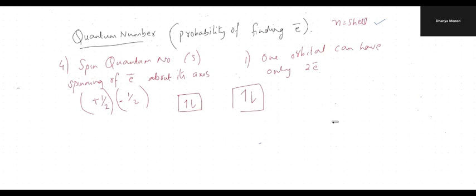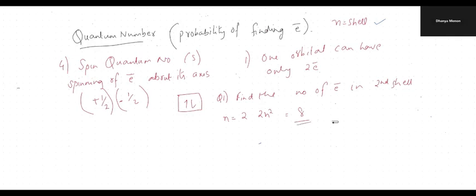For example, if I have a question, find the number of electrons in the second shell. So I have n is equal to 2. What does it give you? 2n square, that is 8. 8 electrons you have.